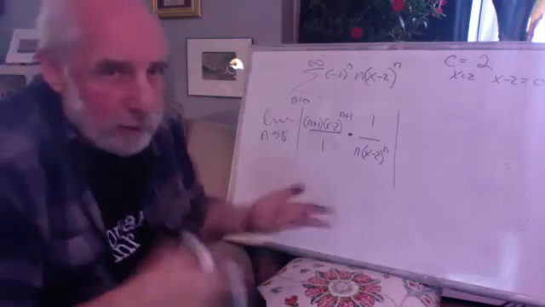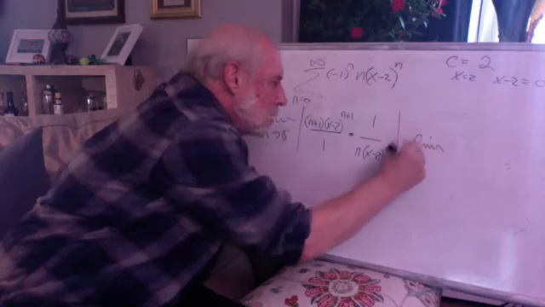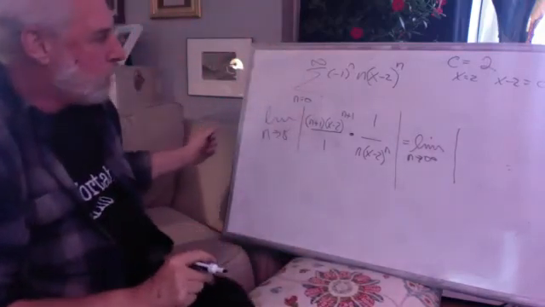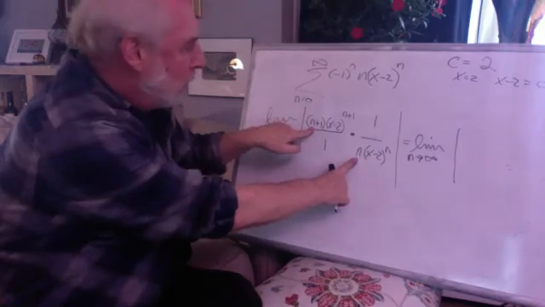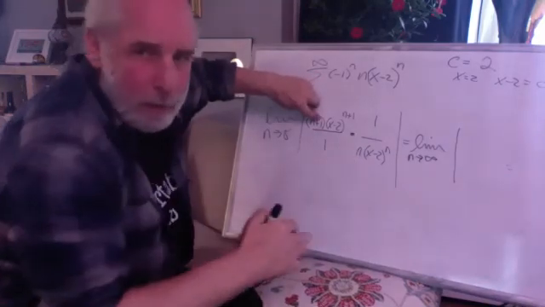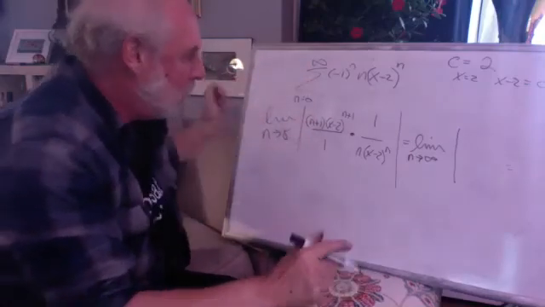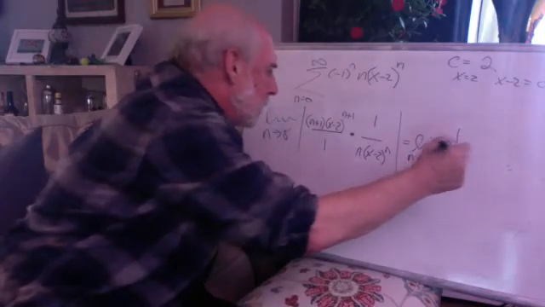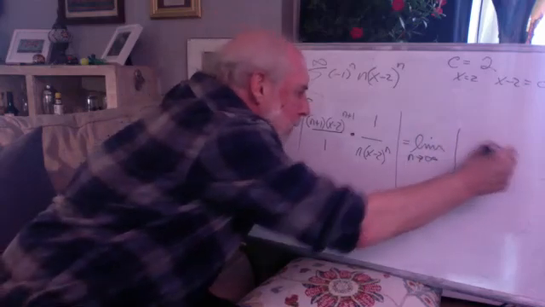And now a whole bunch of stuff's going to cancel out. The n and the n plus 1 cancel out. As n goes to infinity, that plus 1 just doesn't mean anything at all. So they disappear, they become a 1. And we're just going to be left with x minus 2.